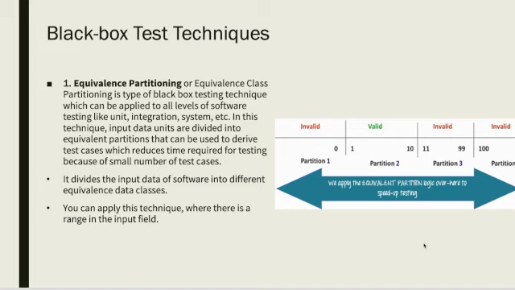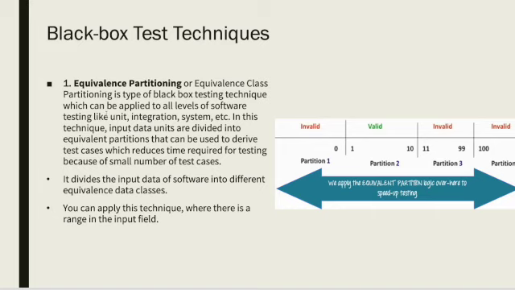So we have equivalence partitioning, or equivalence class partitioning. We said it's a black box technique. As you can see from this diagram, it divides the input. It's like you partition the whole test case into valid and invalid values. There are some scenarios where you will require equivalence partitioning.